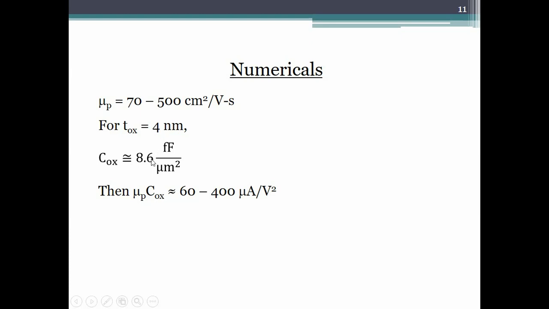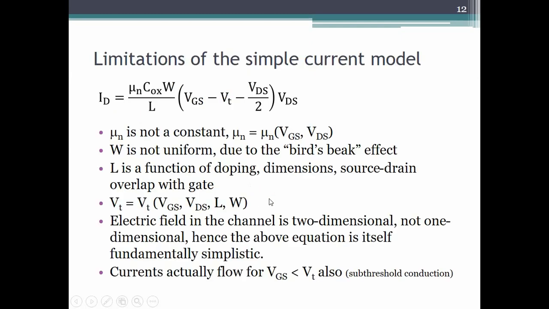The oxide capacitance will be the same whether it's an NMOS or a PMOS, because the gate oxide thickness is the same. Mu p Cox is 60 to 400 microamp per volt squared. As I said, this simple model does not include a large number of physical effects that are present in a real MOSFET. So here is a list of some for an NMOS.